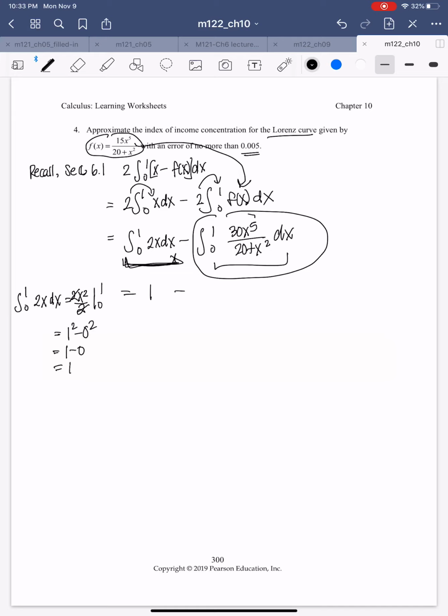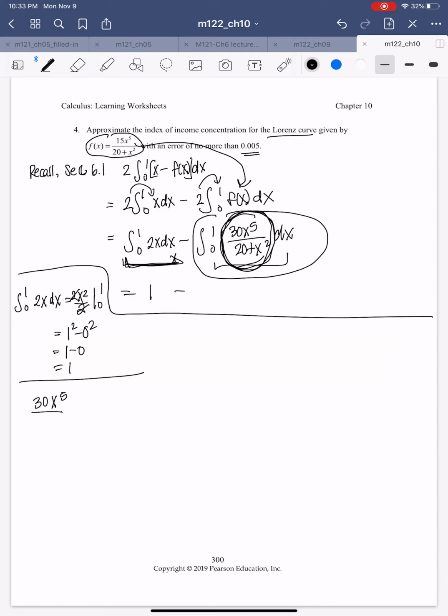Now, this one requires a little bit more work, so I'm going to be working on the side. If you look at this one, this is also a Taylor polynomial with a little bit of an extra. So 30x to the fifth over 20 plus x squared. That's really 30x squared over 20 times 1 over 1 plus x squared over 20.